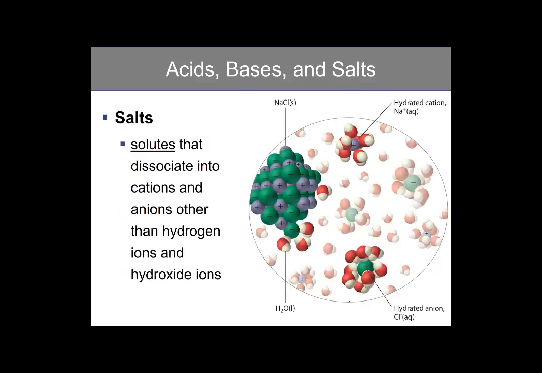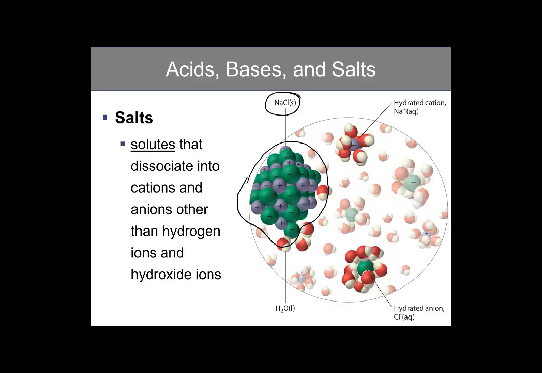Salts are solutes that dissociate into cations and anions other than hydrogen ions and hydroxide ions. We looked at sodium chloride, and you can see that's the example on this figure, represented in the green and purple portion of the image.